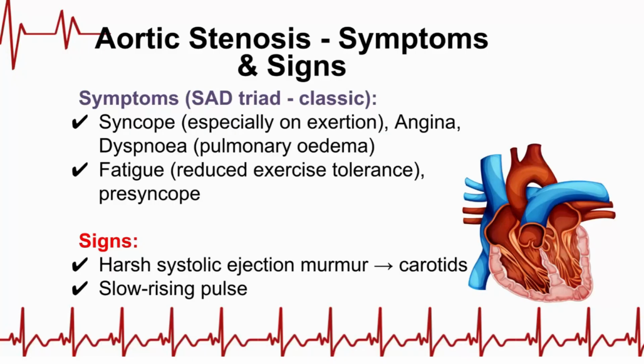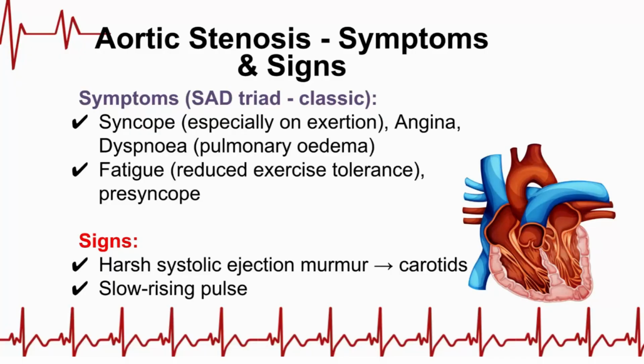Now, with aortic stenosis, again, how do we find out the signs? One of the things that we can do is auscultate, and we'll hear a very harsh systolic ejection murmur. Now, this is quite prominent in clinical practice. It's relatively easy to hear.